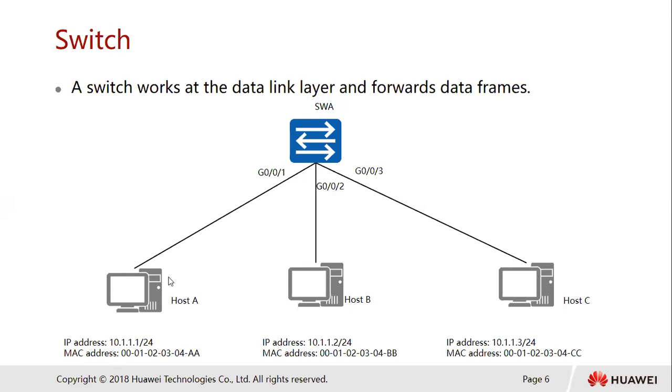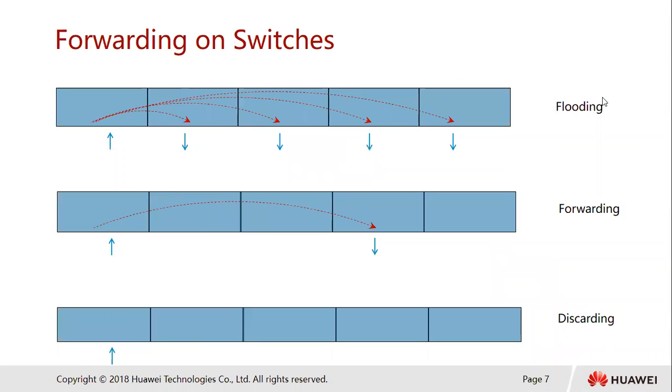So when this PC wants to connect to this one here, they don't use IP addresses. They use MAC addresses, okay? They use MAC addresses. So the job of the switch here is to receive these frames and send them to other PCs, okay?